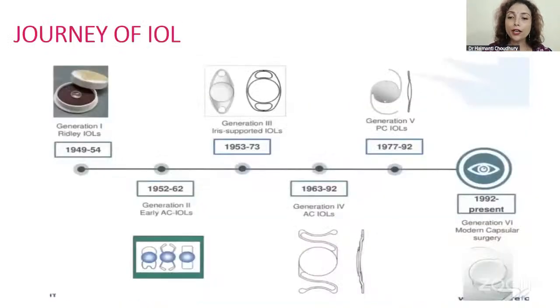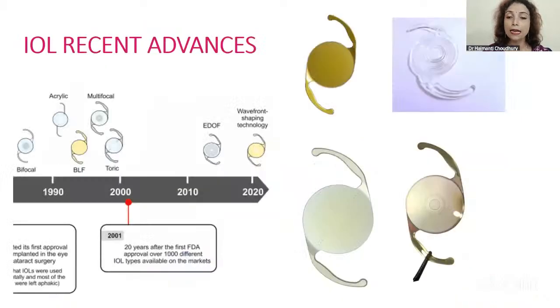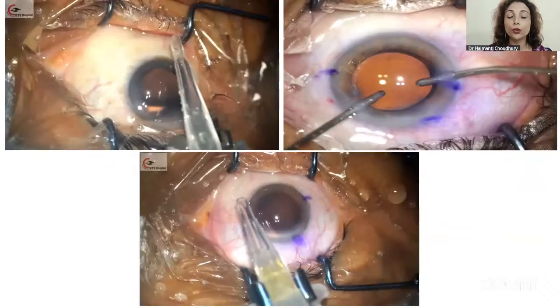So the journey of IOL has also seen a sea change right from the time of Ridley's generation 1 lens. Currently, we are in the generation 6 lens, and in the last 3 decades, there has been a wide revolution in the lens, coming from blue filter, then the toric lens, the multifocal replaced by trifocal lenses, and finally the extended depth of focus lenses.